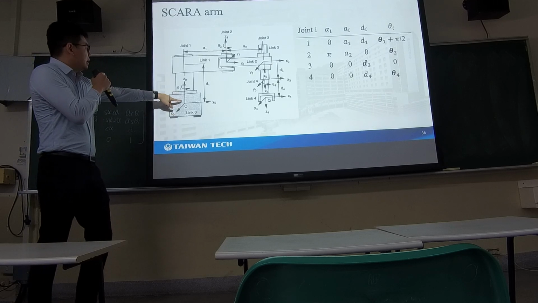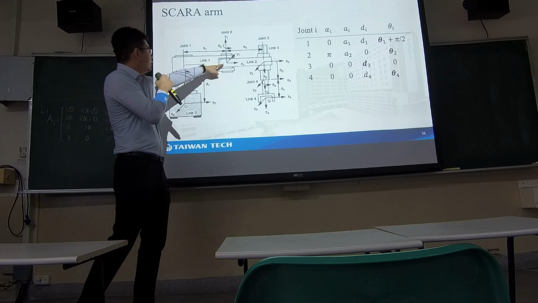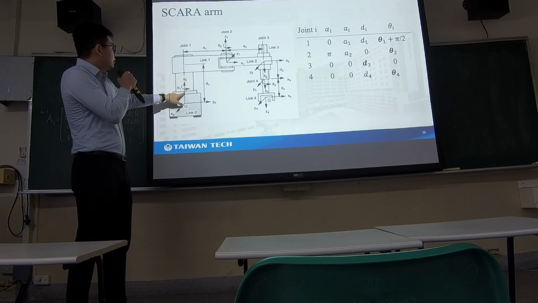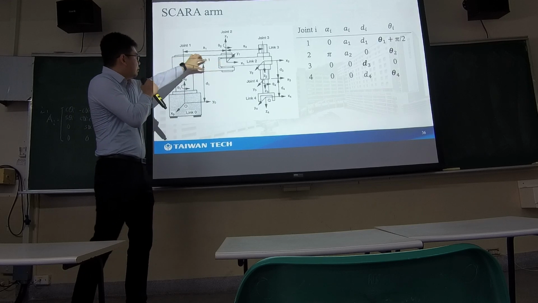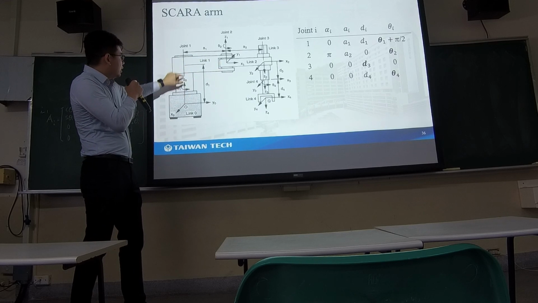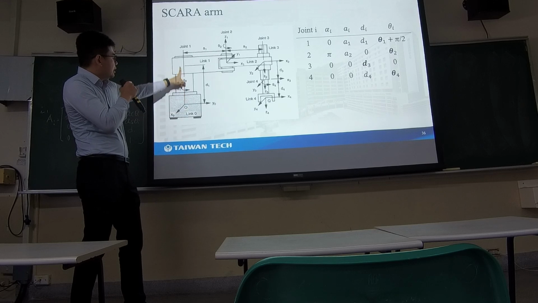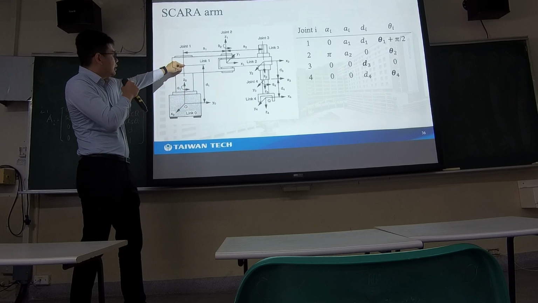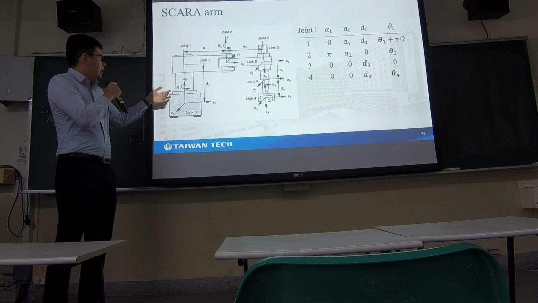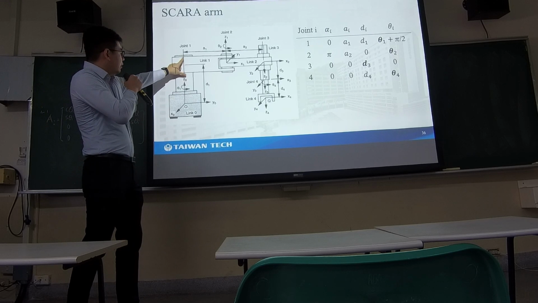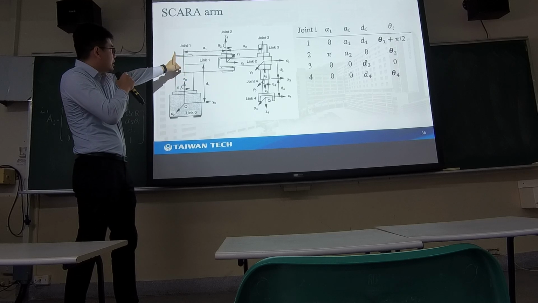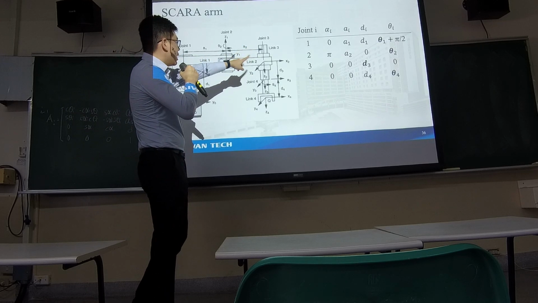So we can see from here to here, this is the translation along the z0 axis. So it's d1, and from these two, because we have 90 degrees, so we have a theta 1 plus 90.